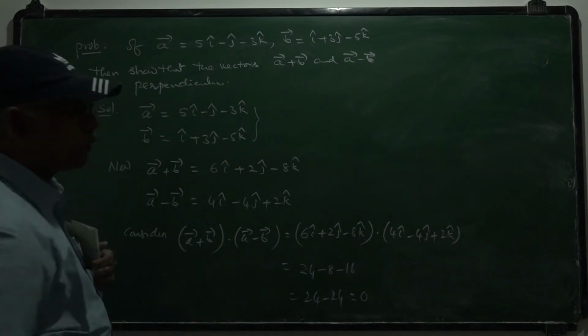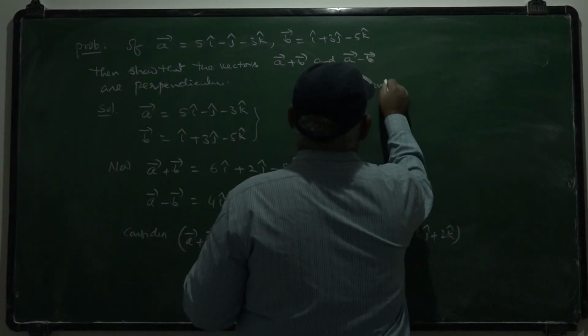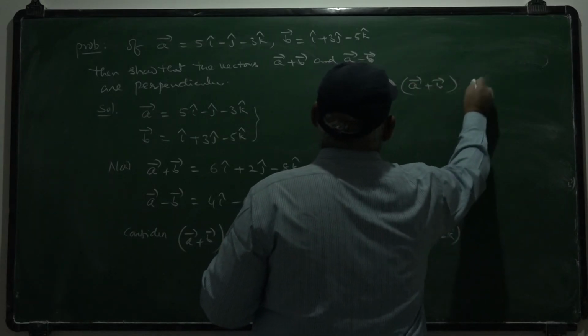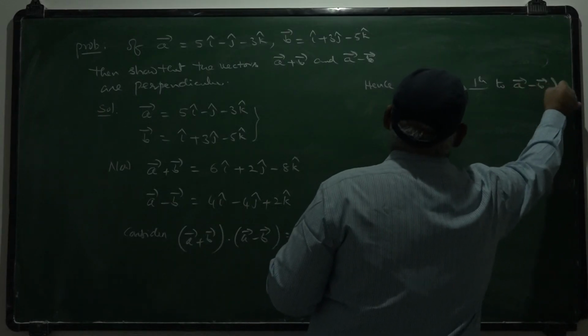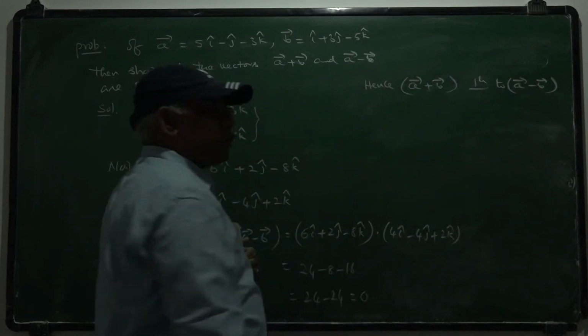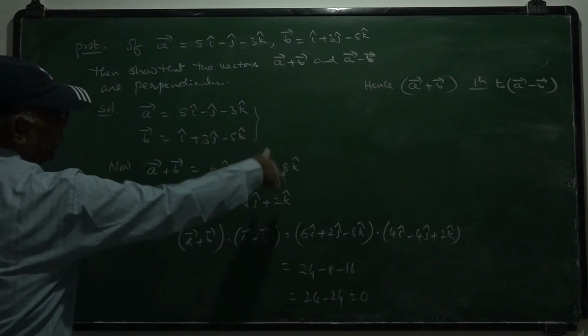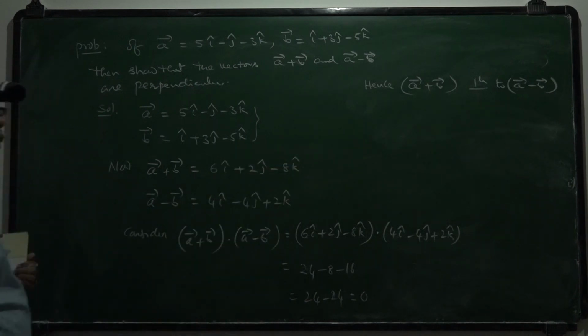The dot product of these two vectors is 0, and since the dot product is 0, a bar plus b bar is perpendicular to a bar minus b bar, because their dot product is 0. They are non-zero vectors. Once you take the modulus of these two vectors, we are getting non-zero.